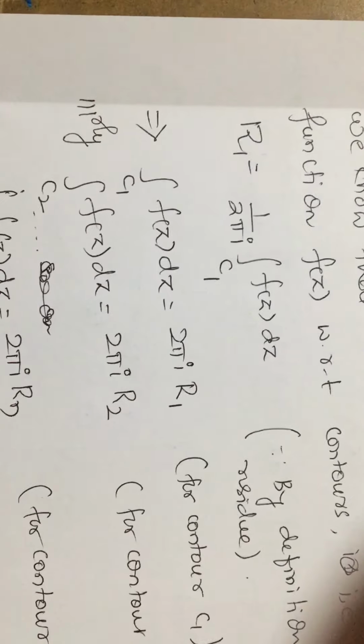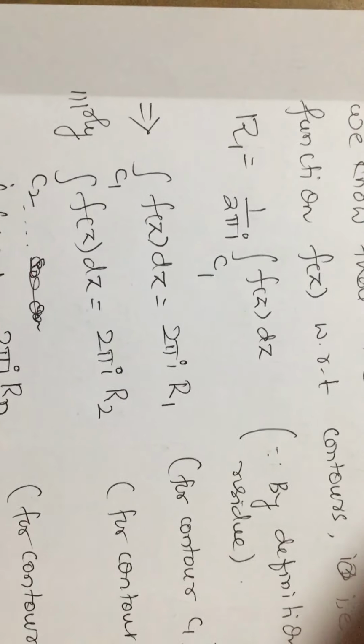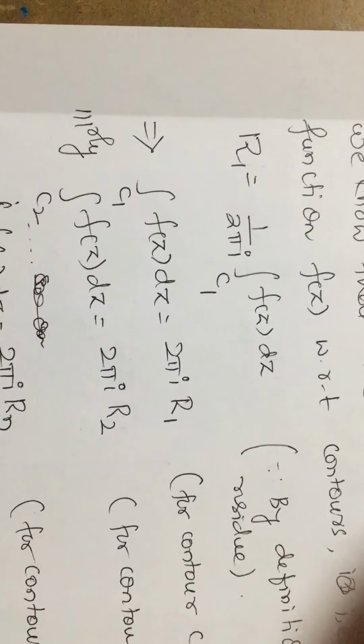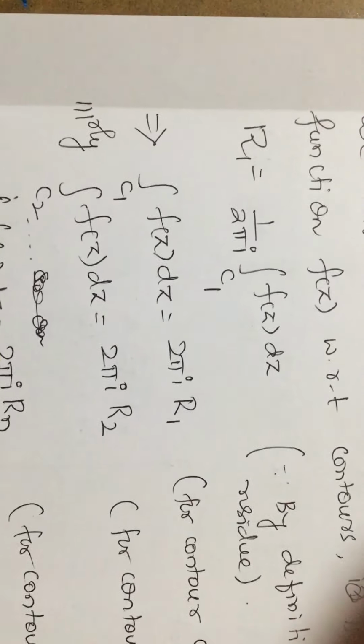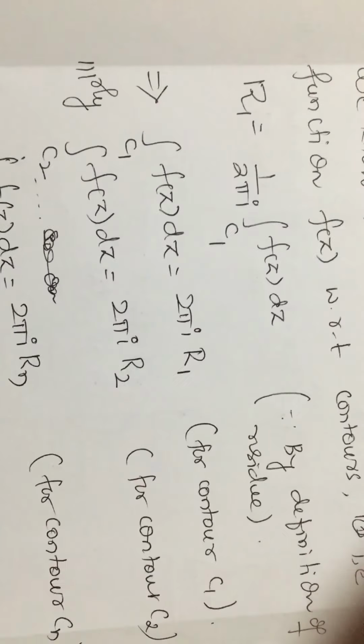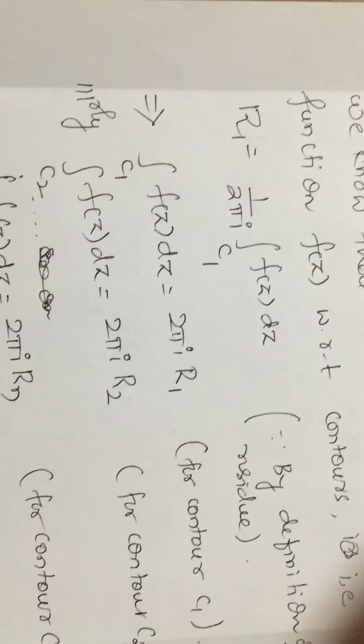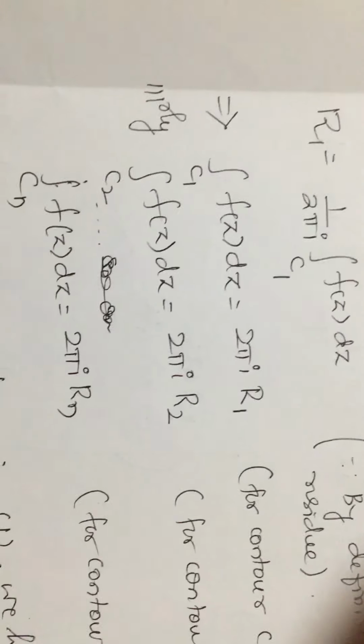Similarly, we can find for f(z) the integral over C2 is 2 pi i r2. R2 is the second residue, of the circle C2 with center z2.